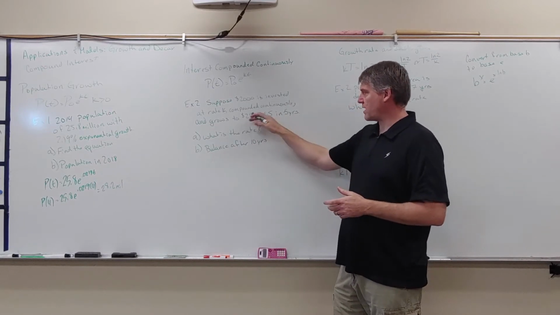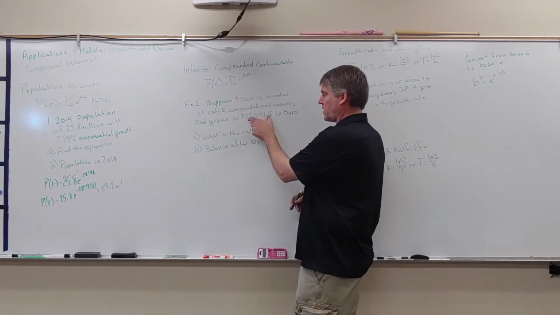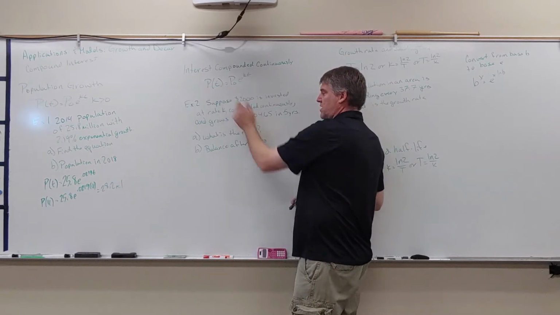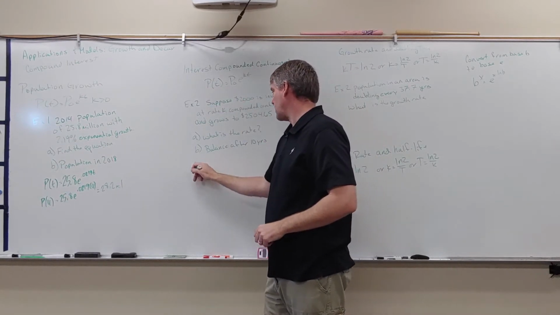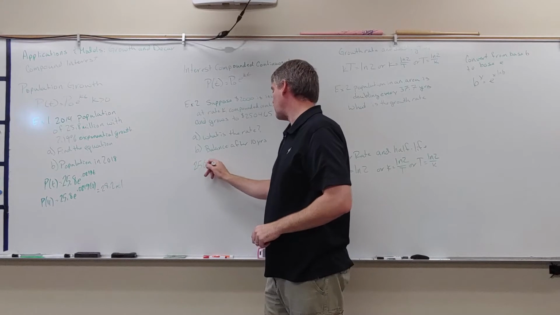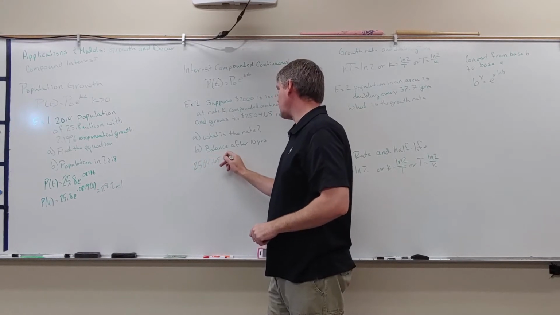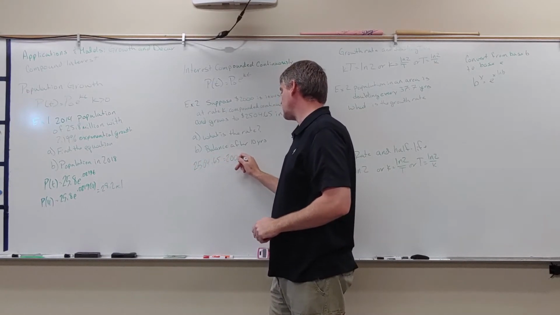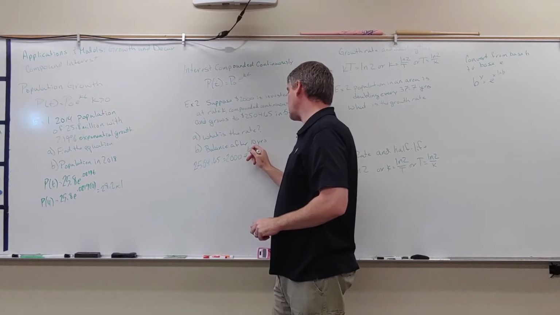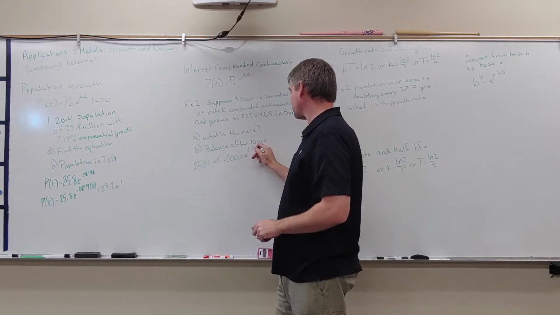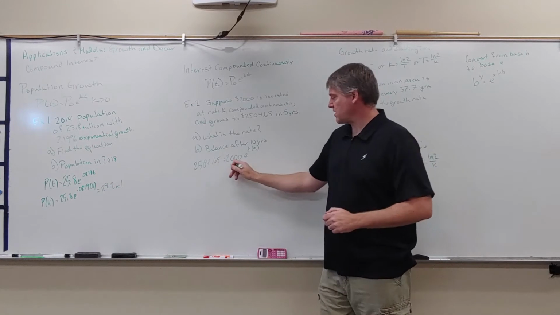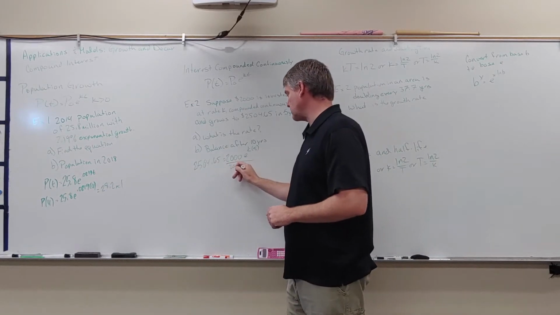Well, the first thing is we're going to have to set this up into this. So I know that this is my P of t. So now I have 2504.65 equals 2,000 e to the k times 5, right? So the first thing I'm going to need to do is divide everything by 2,000.